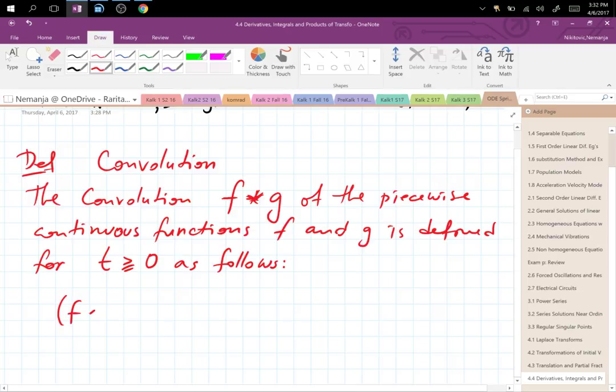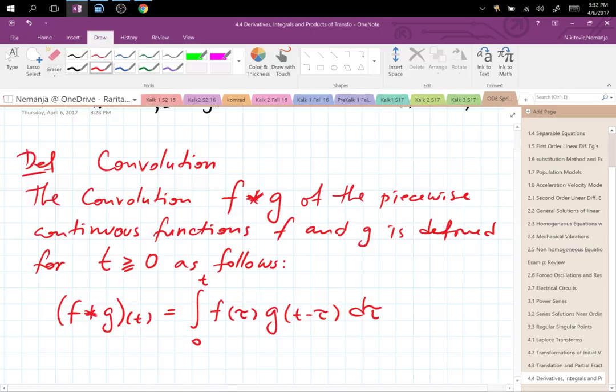So the convolution of f and g of t is the integral from 0 to t of f of tau times g of t minus tau, d tau. Now this tau is a new variable that we are introducing here, which we can use for shifting and so on.